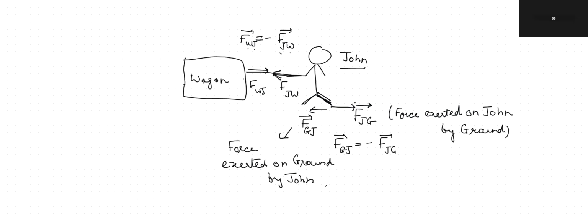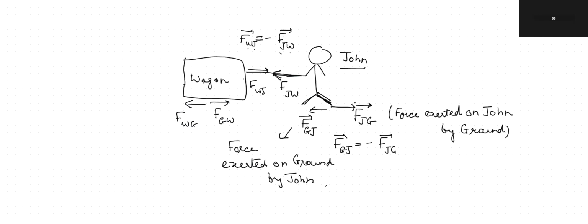Similarly, here, the force on the ground by the wagon will be force GW. It will be equal in magnitude to the force exerted on the wagon by the ground, but in the opposite direction.